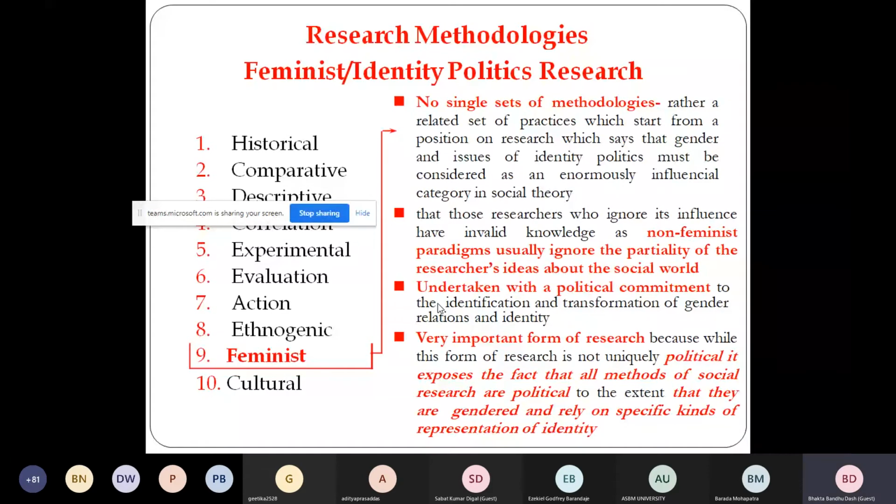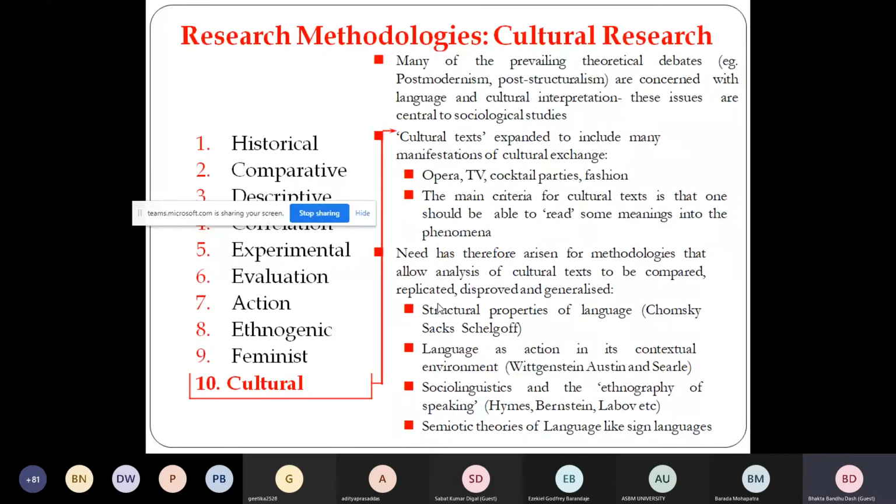Then the last, I'll tell you about cultural research. Cultural research is basically the analysis of different types of cultural issues and cultural findings, and can be a kind of text that is expanded through many cultural manifestations, in the form of an opera, a TV show, a cocktail party, fashion.